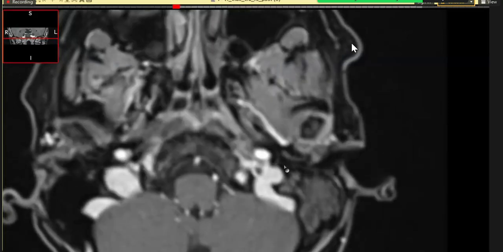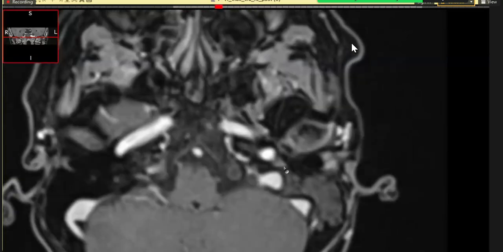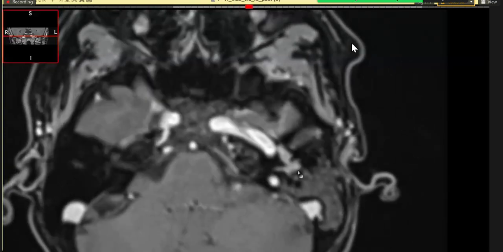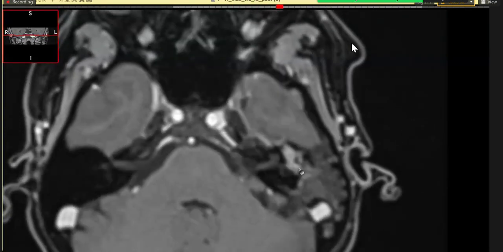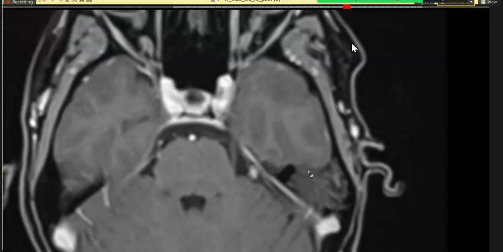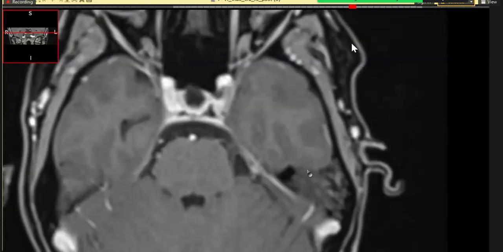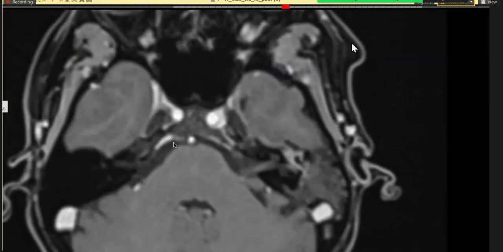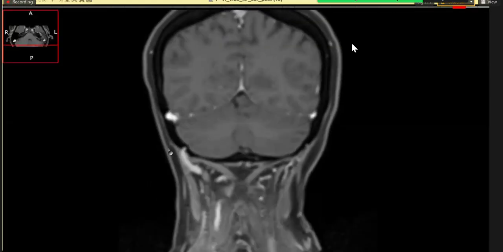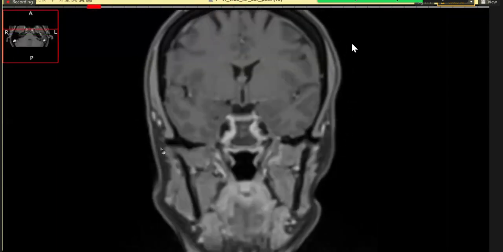If you look carefully, see how enhancement is going right and left, and look where it is going superiorly. So a bit of meninges are involved. So the point is that this is a middle ear meningioma.